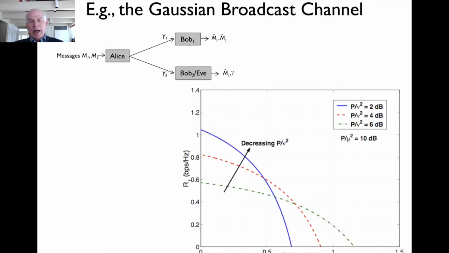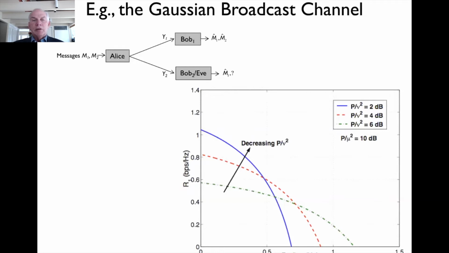Again, underneath any of these lines is the region that we're looking for. What you can see is that as we decrease the signal-to-noise ratio of the eavesdropper, the range of common rates decreases, and that's because that's the bottleneck receiver.